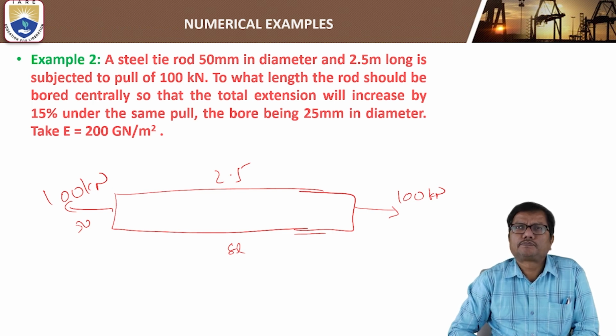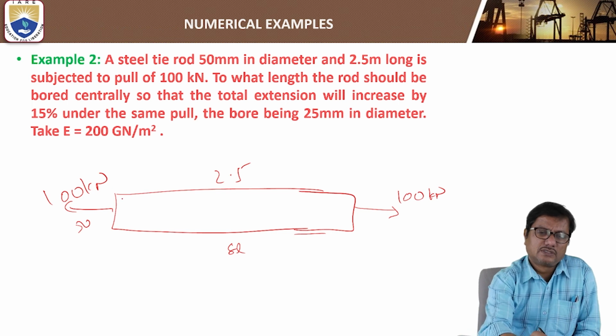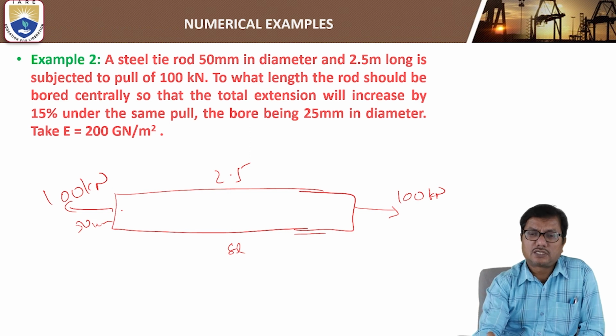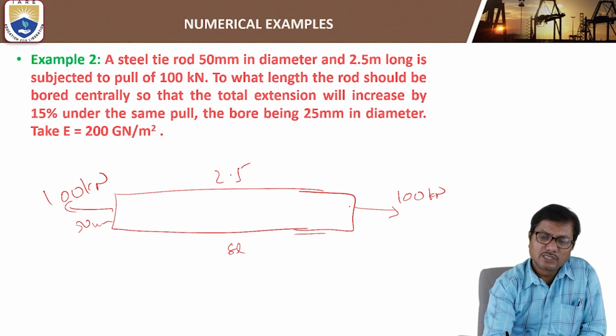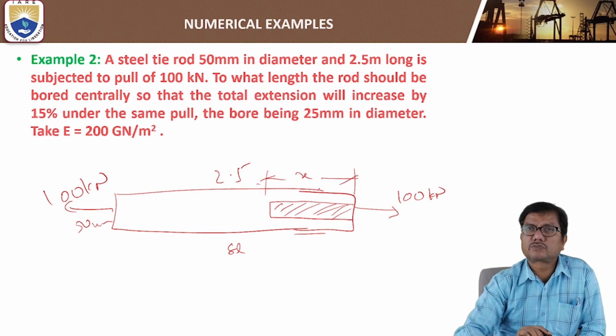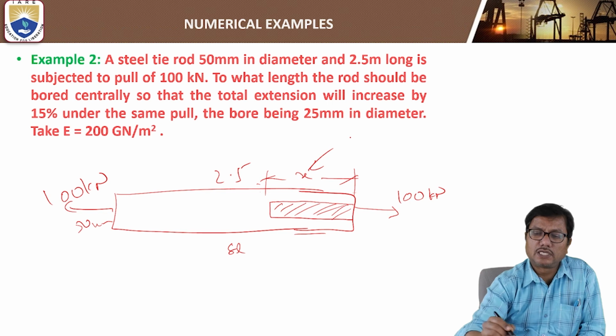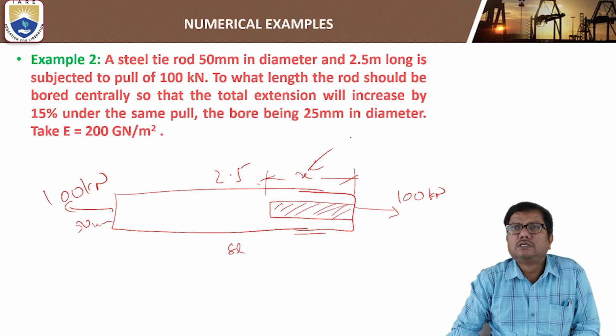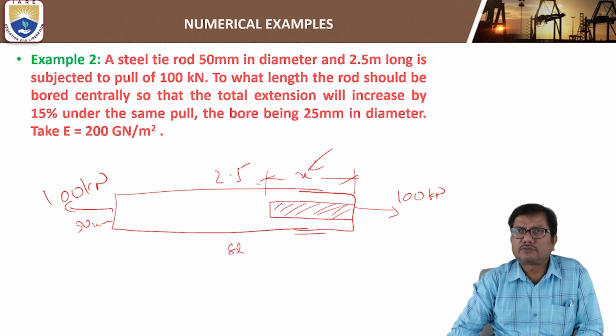So what you have to do? The bar is of diameter 50 mm, so we cannot change the diameter of the bar. Instead, we can cut a hole so that the cross sectional area in this portion of length x will be decreased. The diameter of borehole is 25 mm.